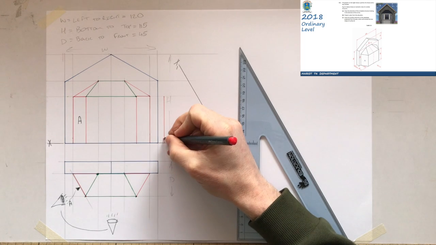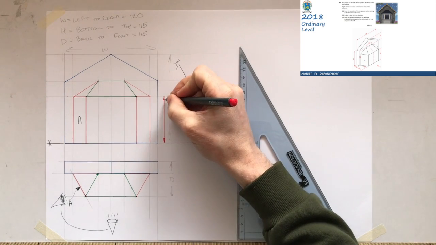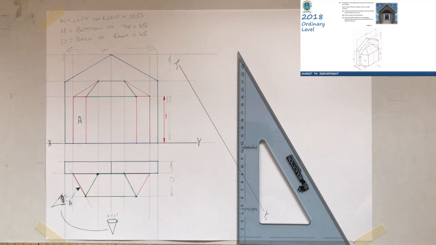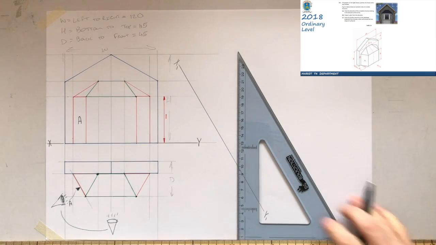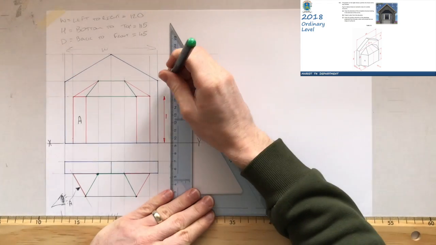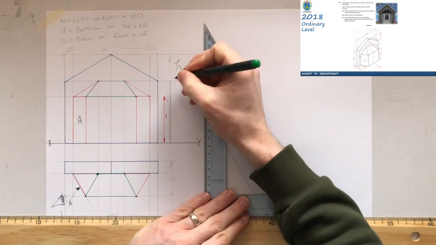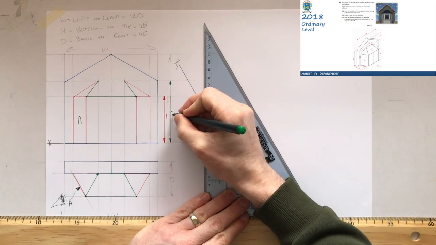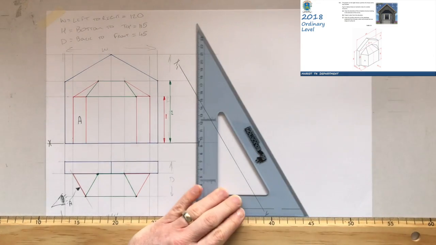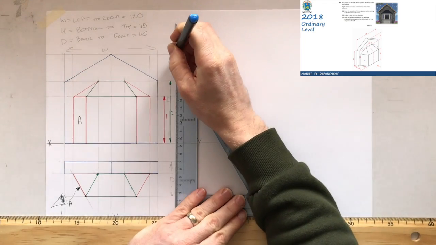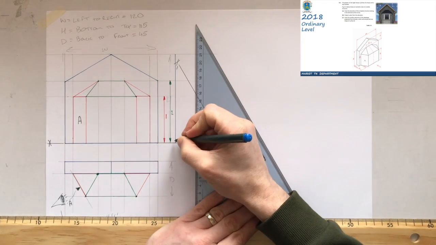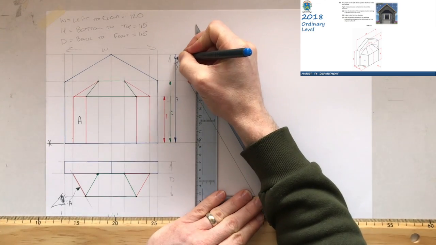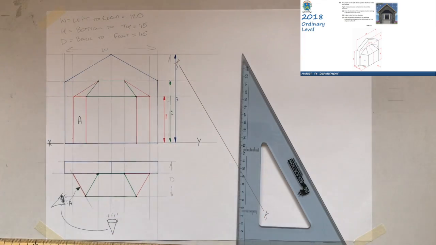So the first one is here. From the ground to the bottom of the bay window, so that's height 1. Next height will be to the top of the bay window. That's my height 2. And then if I look at the very top, that is my third and final height. So from the ground all the way to the top.